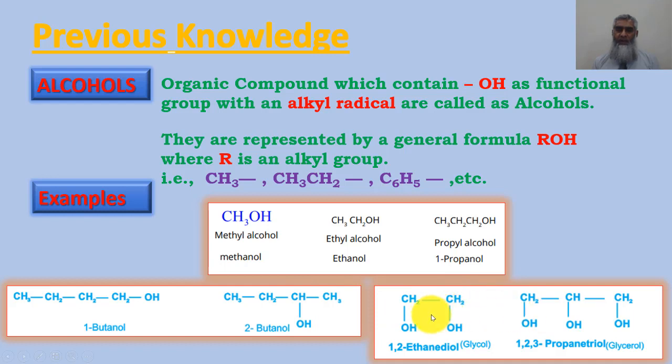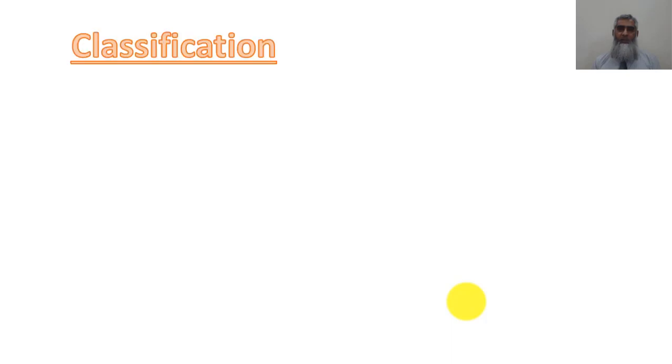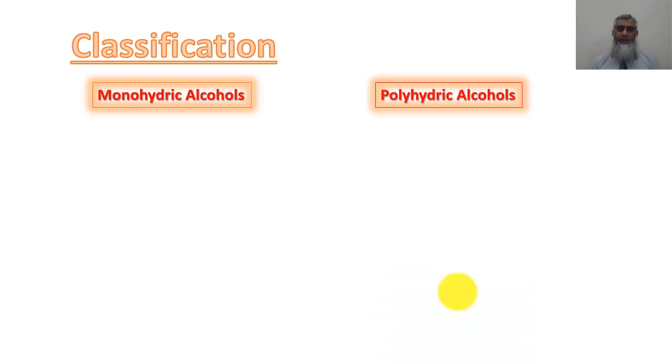Like here there are 2 OH groups, and here there are 3 OH groups. Alcohols containing one OH group are called as monohydric alcohols, and alcohols containing more than one OH group are called as polyhydric alcohols. So depending upon number of OH group, alcohols are classified into monohydric alcohols and polyhydric alcohols.